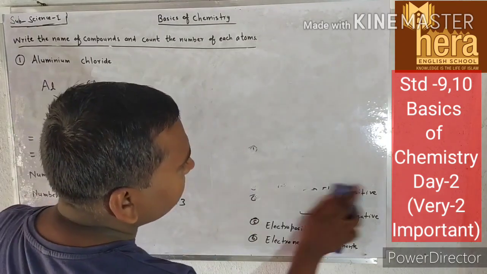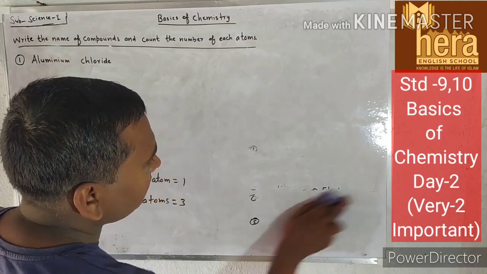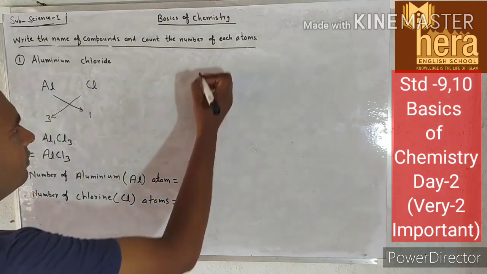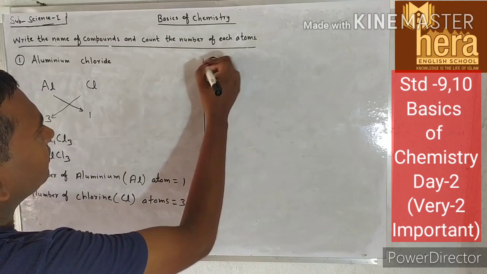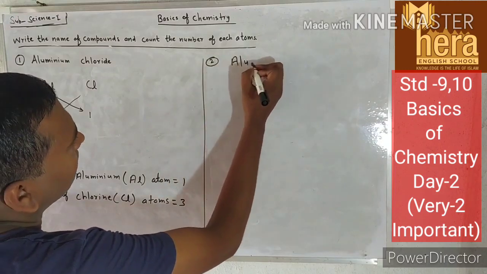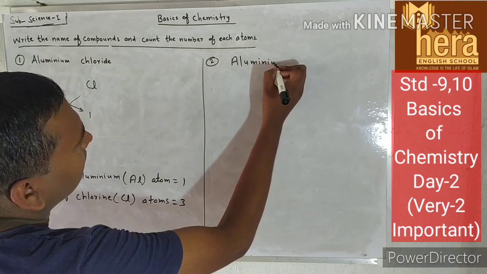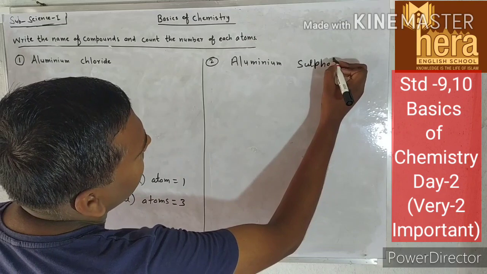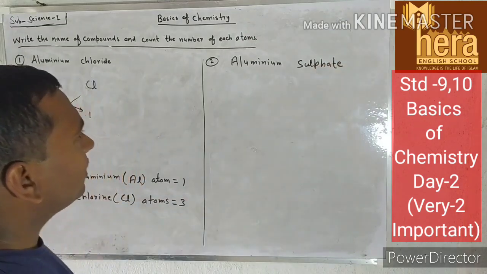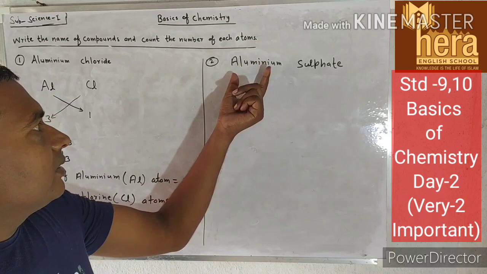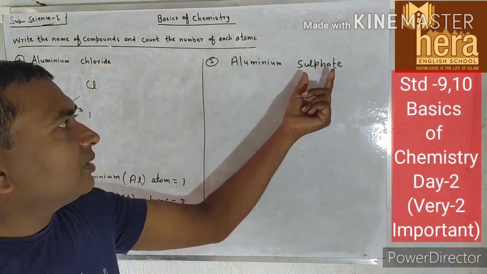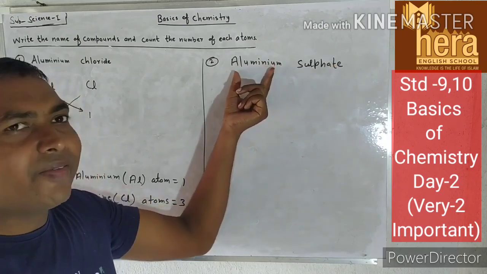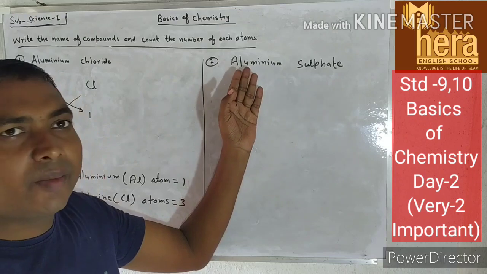So more examples I will take. Aluminium sulfate. Again, this is an electropositive element and electronegative radical. Electropositive element you have to find in table number 3.